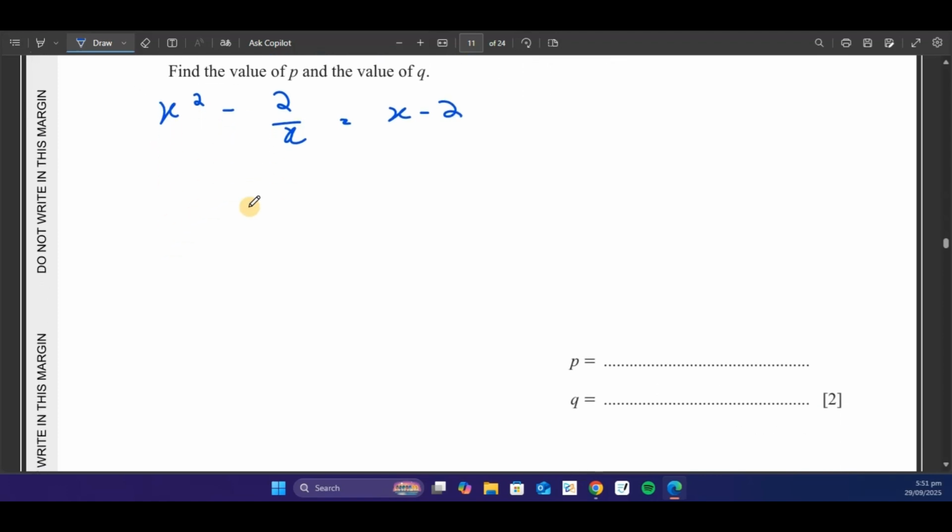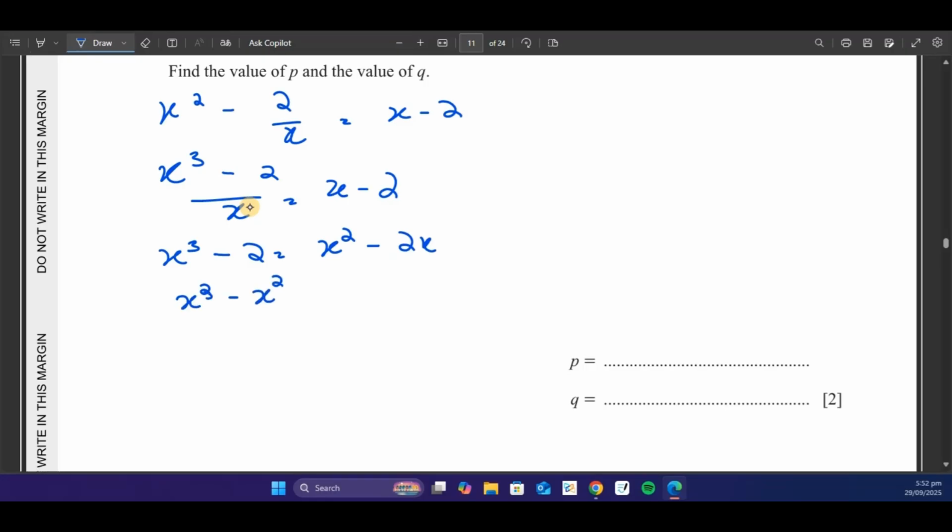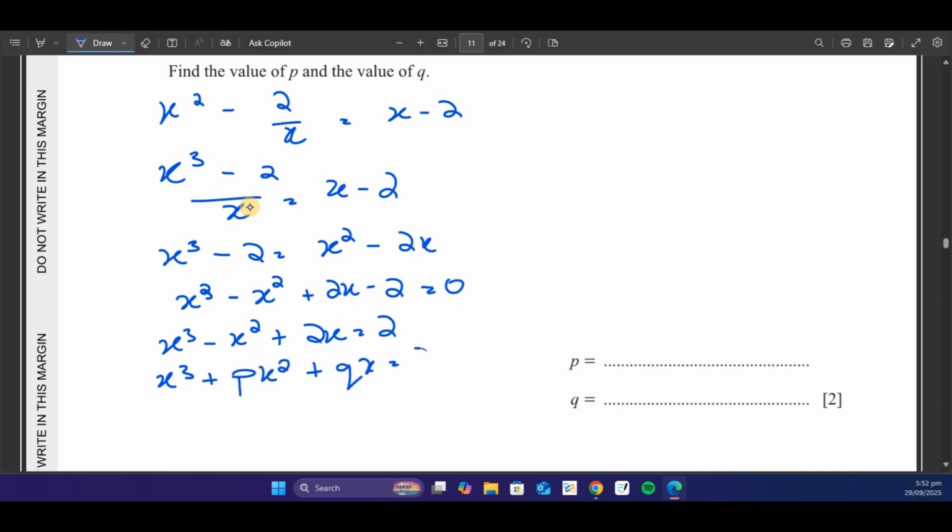Taking LCM, x cubed minus 2 over x is equal to x minus 2, and then x cubed minus 2 is equal to x squared minus 2x, x cubed minus x squared plus 2x minus 2 is equal to 0. x cubed plus px squared plus qx is equal to 2, minus 1 and 2 would be our final answers.